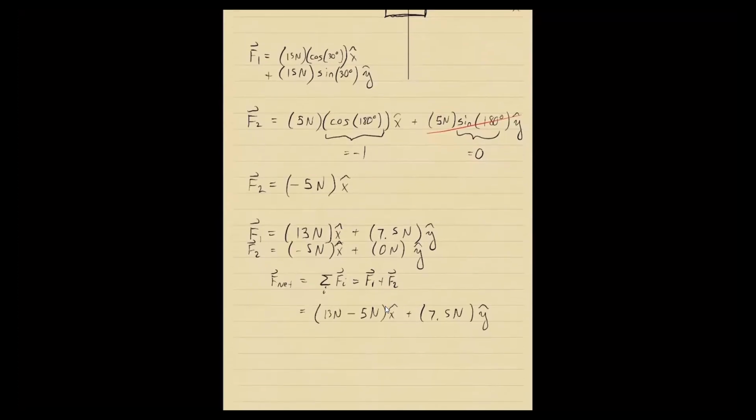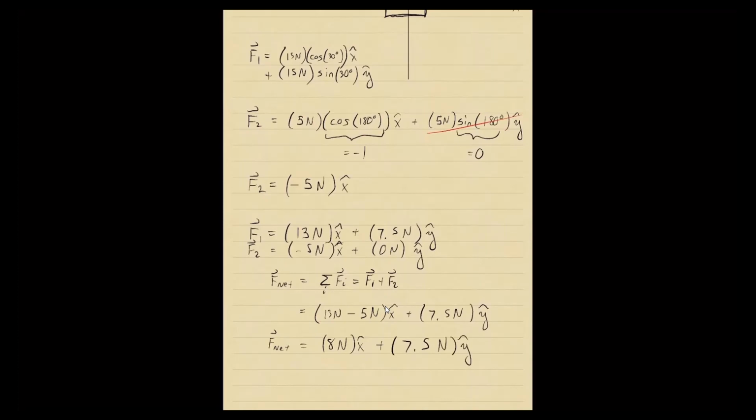So then we get that the net force is equal to 13 minus 5 newtons in the x direction, so 8 newtons in the x direction, plus 7.5 newtons in the y direction.